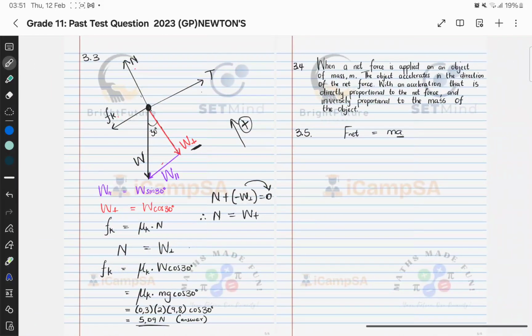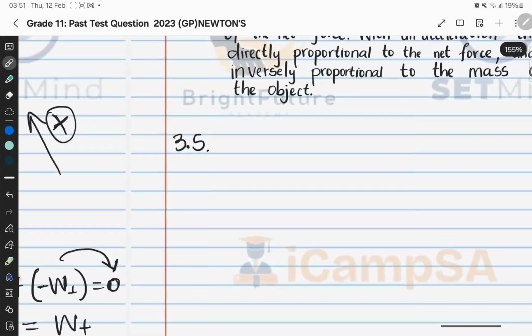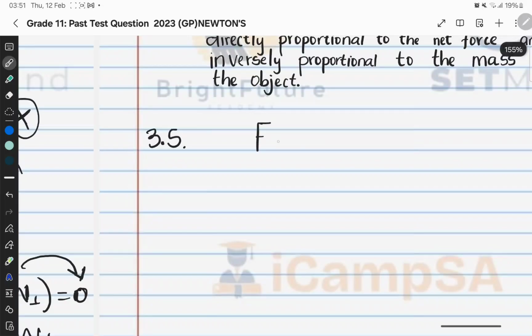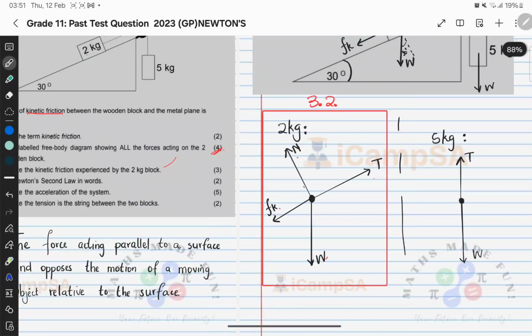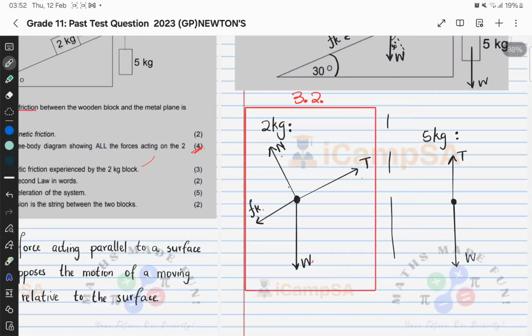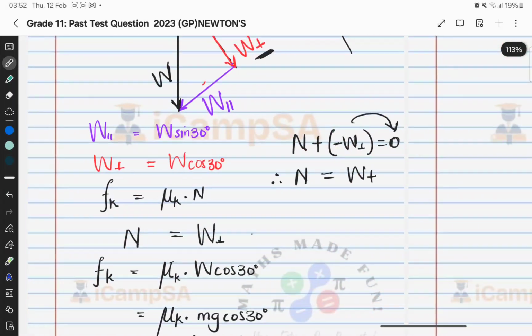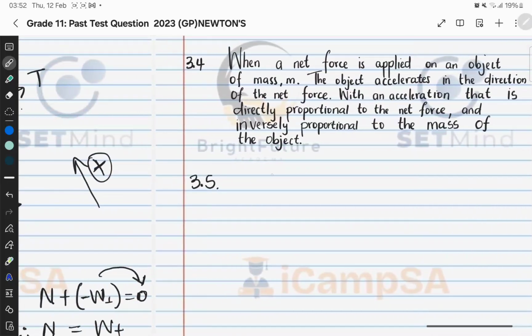Let's start with the 2 kilogram block, because we already did a few calculations for it.